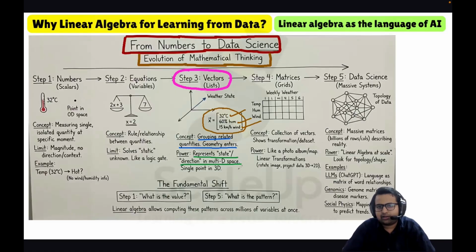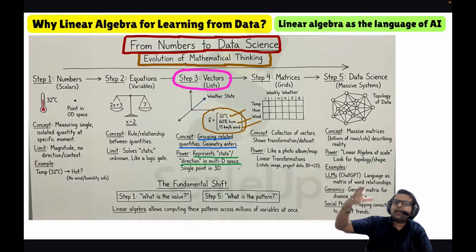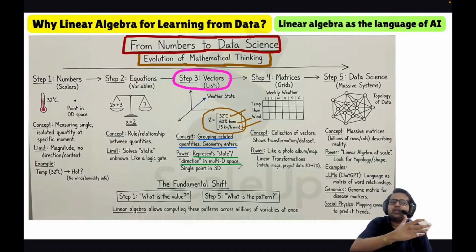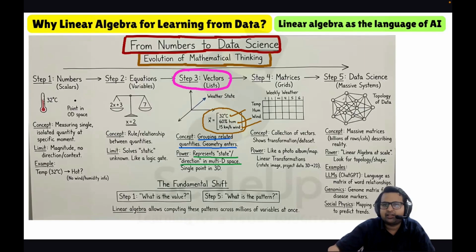So now we can realize the evolution of mathematical thinking, how we started with numbers, single isolated quantities, to vectors, which group related quantities into a single mathematical object.